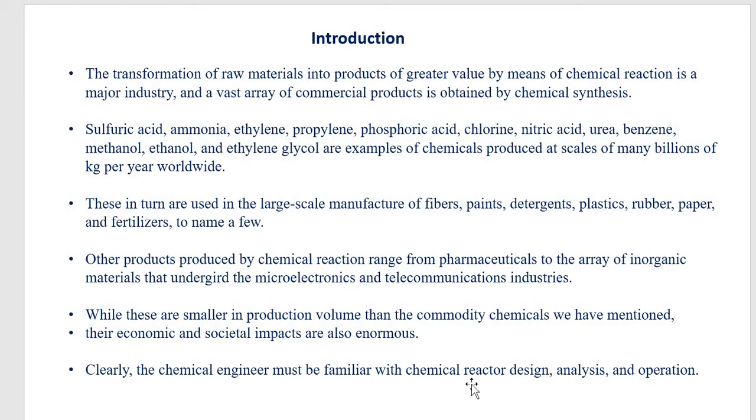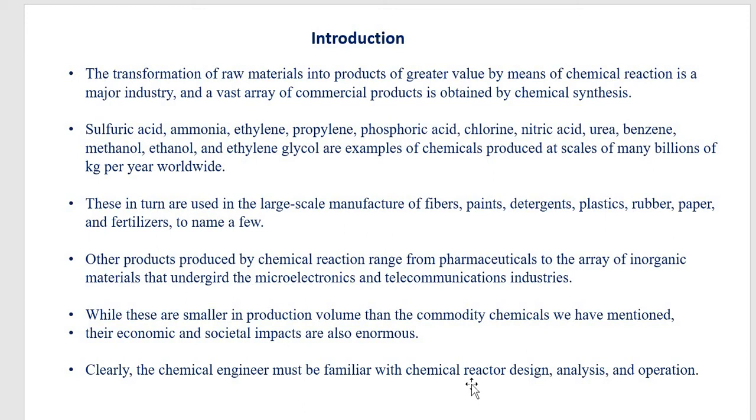So this transformation of raw material into products of greater value by means of chemical reaction is a major industry, and a vast array of commercial products is obtained by chemical synthesis. For example, you take sulfuric acid, ammonia, ethylene, polythene, phosphoric acid, chlorine, nitric acid, urea, benzene, methanol, ethanol, ethylene glycol, just to name a few.